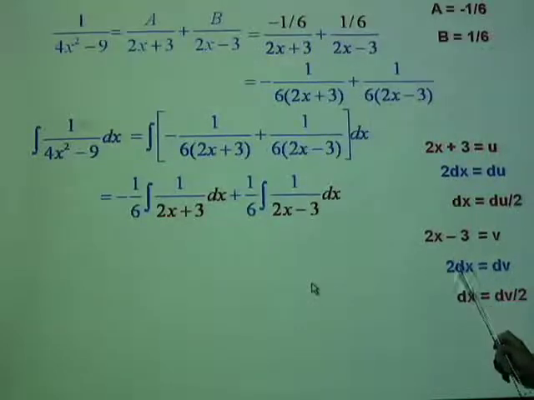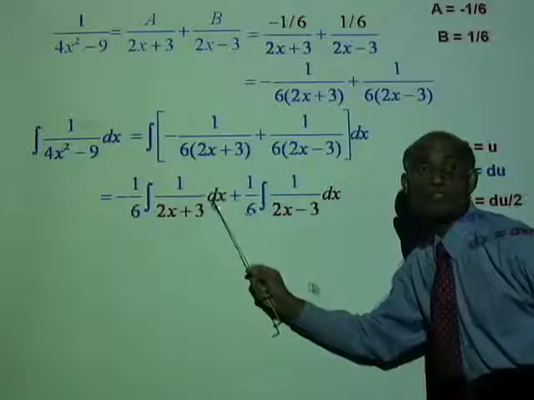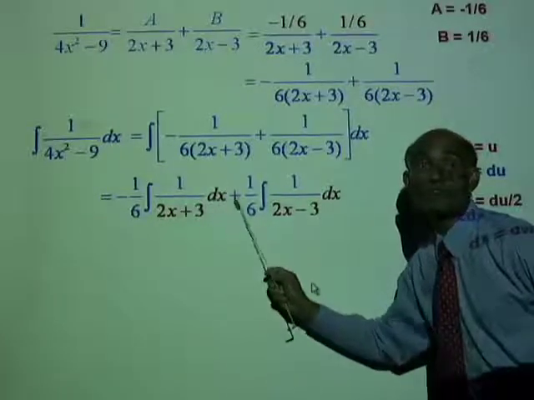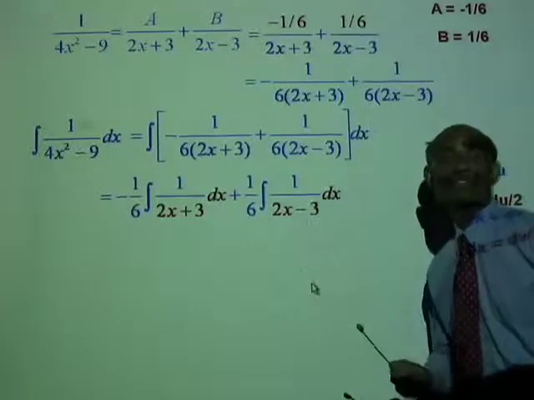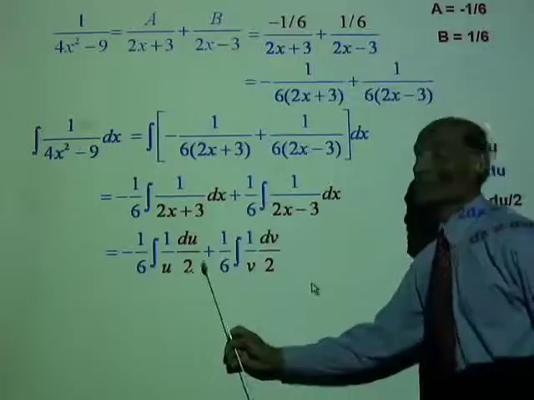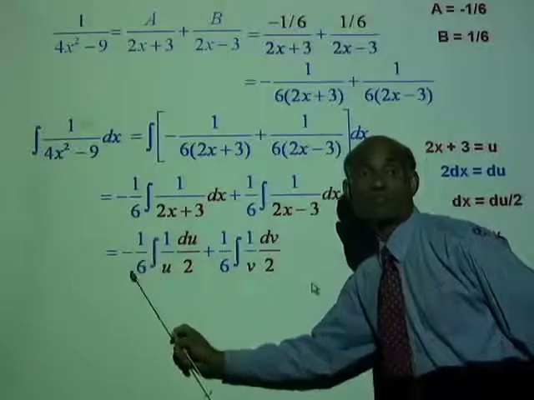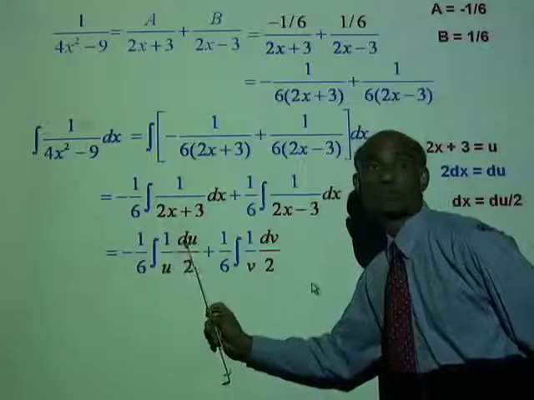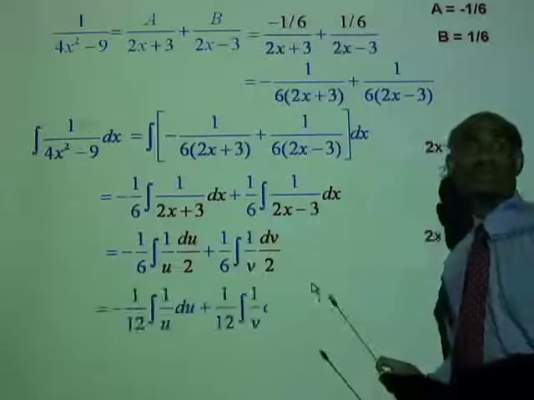And that gives you 2 dx equal to dv, or dx equal to dv divided by 2. So when this becomes u, this dx becomes du over 2, and when this becomes v, the dx becomes dv over 2. There you go. And you can actually take these 2's out. This will become negative 1/12 integral 1 over u du plus 1/12 integral dv over v.